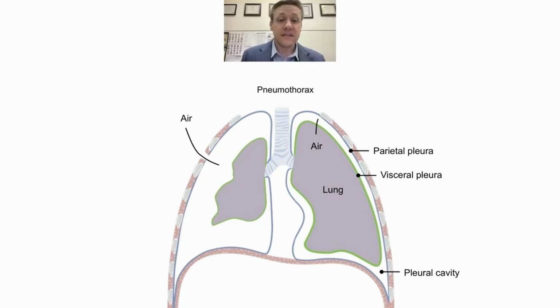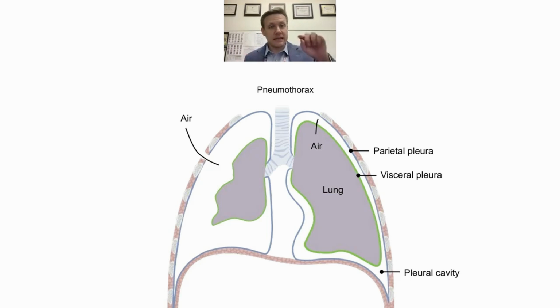Something a little less obvious would be if they have a spontaneous pneumothorax from a rupture of their lungs, a rupture of their visceral pleura, and then air is going out from inside the lungs into the pleural cavity. And a typical situation for that might be someone who has COPD or emphysema, where they get these thin, dilated cystic air spaces along the surface of the lung called subpleural blebs.